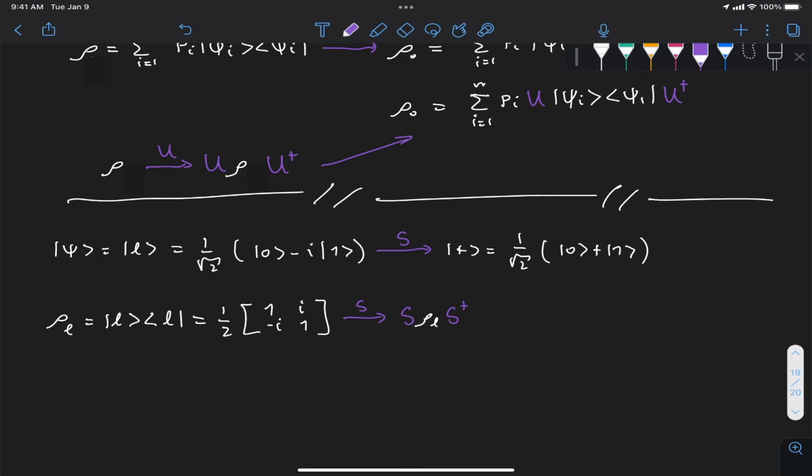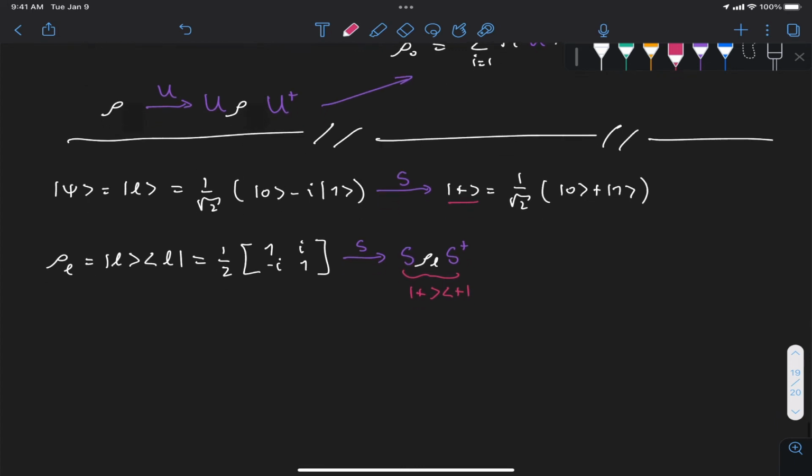And this is matrix multiplication. So what do we expect to get? Well, up here, we did it with Dirac notation, and we get the state plus. So we expect this to match the outer product of the state plus with itself. So let's see if that's what we get. And just to remind you, this is 1 over 2 of the matrix 1, 1, 1, 1. That's our rho.